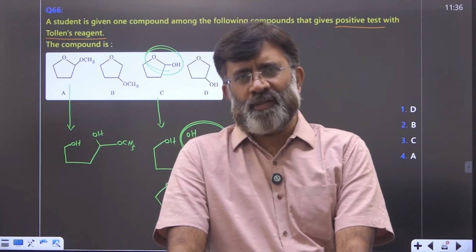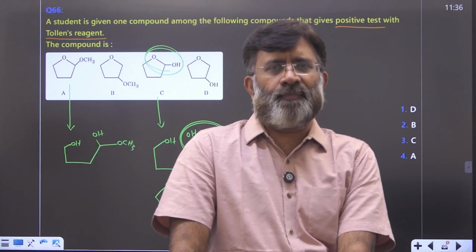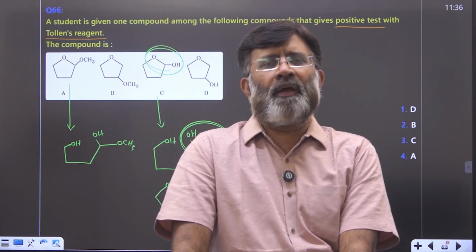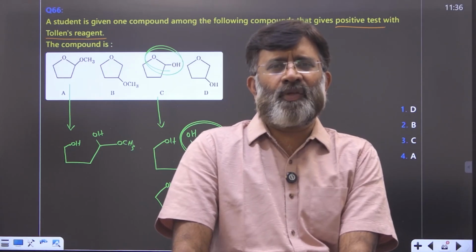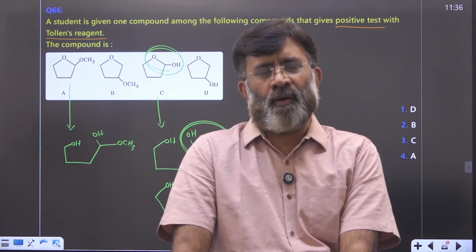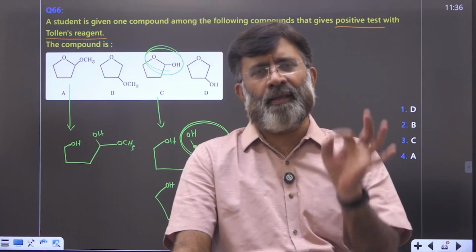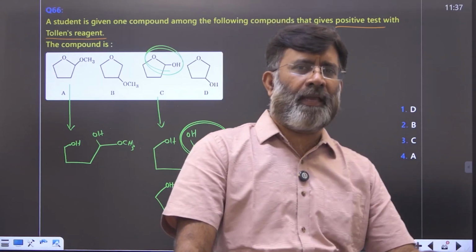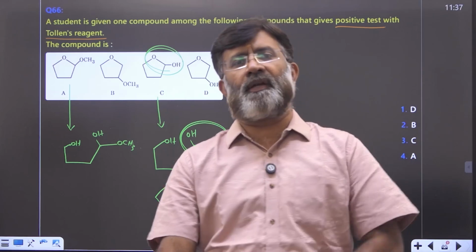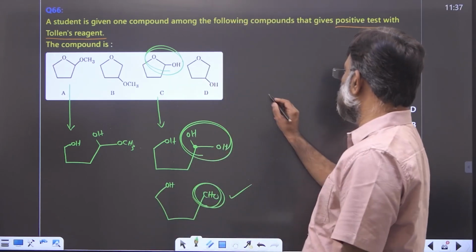Many times we have discussed the Tollens test. Tollens reagent is ammoniacal silver nitrate, a mild oxidizing agent. It can oxidize both aliphatic and aromatic aldehydes to carboxylic acid, and itself it is getting reduced to silver mirror.